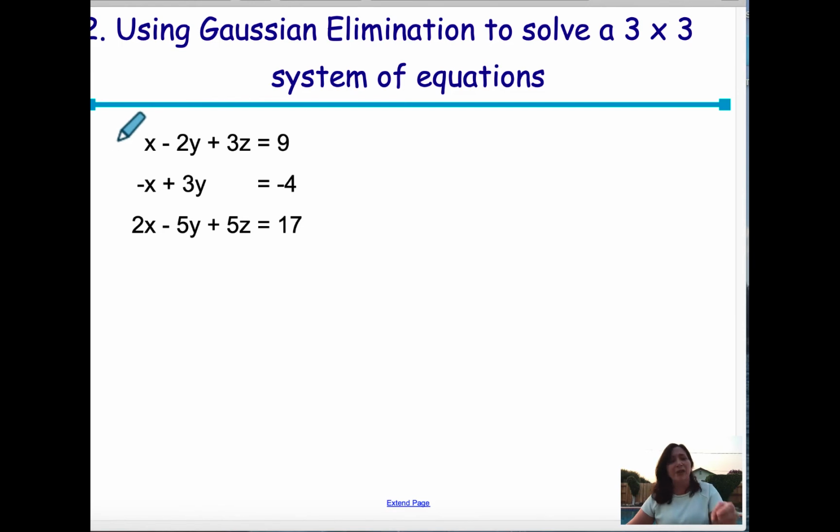You have to decide what you're going to eliminate first. For me, I always like to eliminate the x's if possible, so I'm going to add row 1 and row 2. Row 1 plus row 2 is x plus negative x. That's gone, so that's 0. And then negative 2 plus 3y is going to give me 1y.